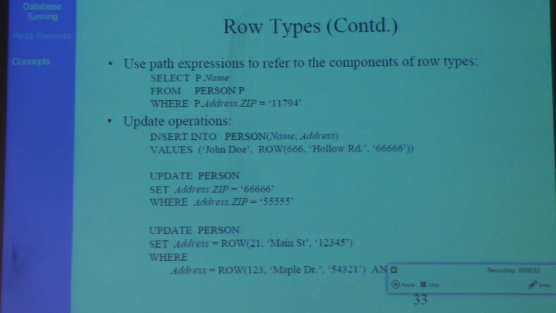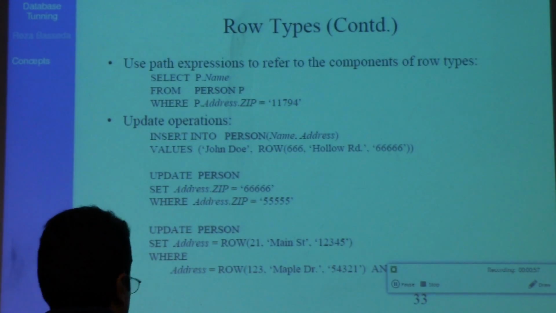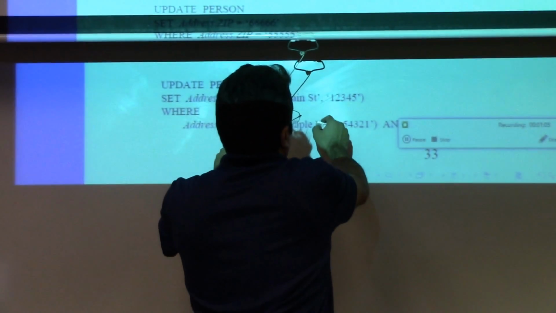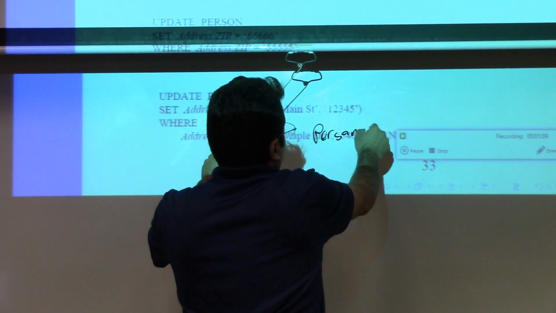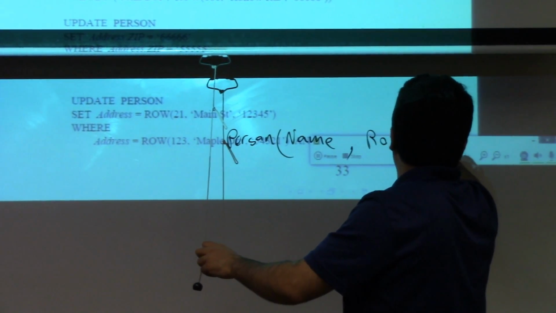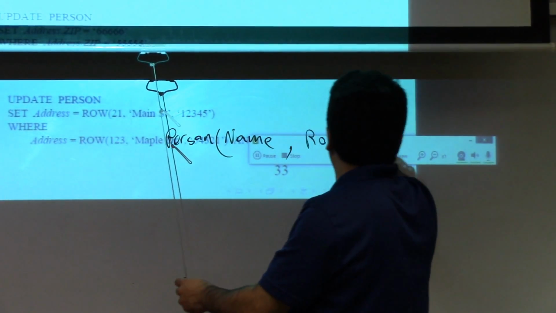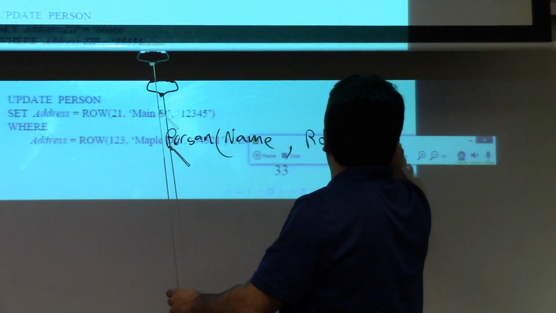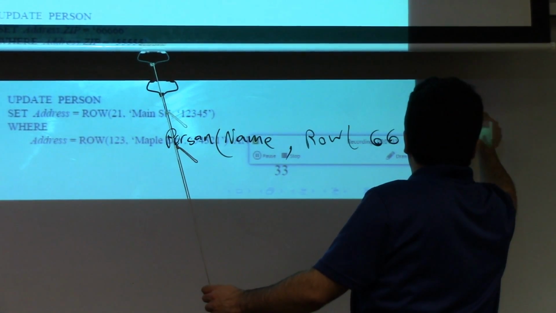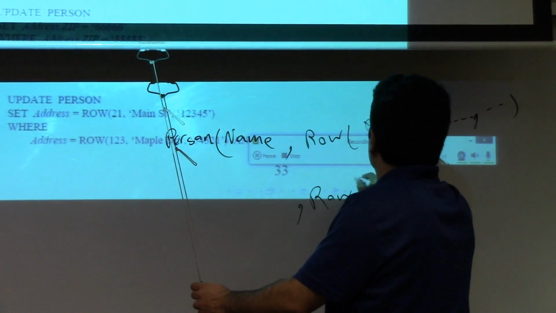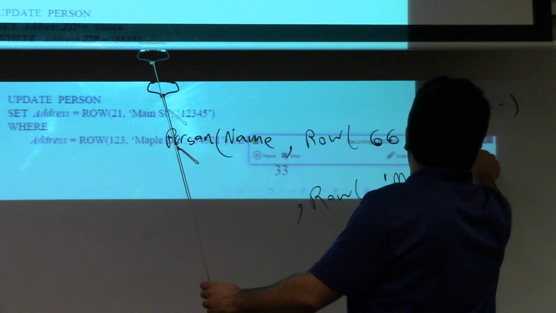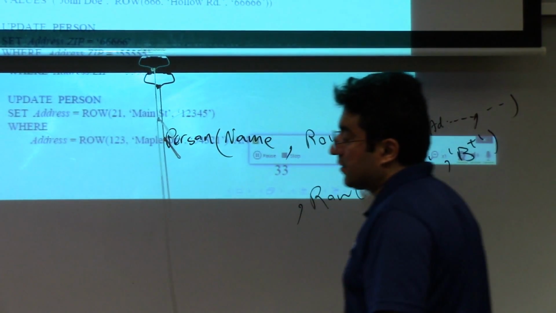Like, you have this person, and you can have also, for example, a row of math and B plus. So you can add rows like this.